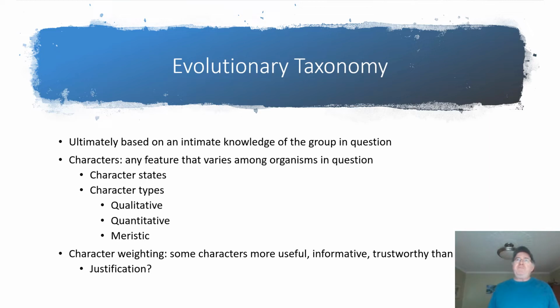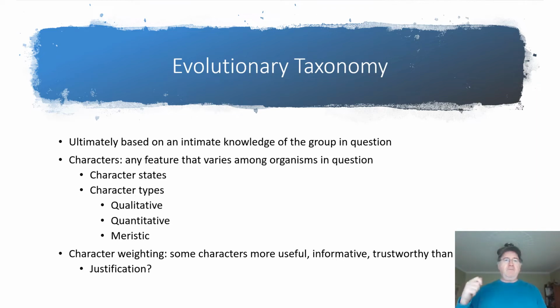So changes in the number of wings that organisms have is in a way much more fundamental, much more important in indicating something about their evolutionary history than whether they have 25 or 26 subsegments on the antennal flagellum. So an evolutionary taxonomist would say that we should give more importance in our classificatory decisions to those characters that are more important, that have more weight.